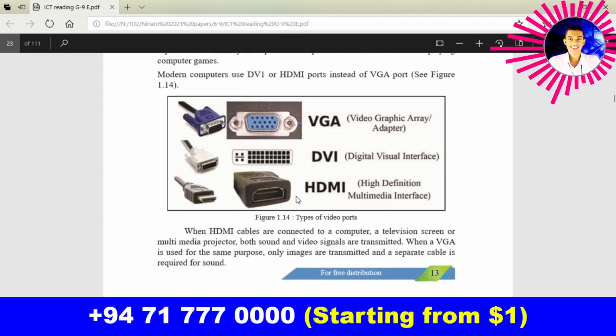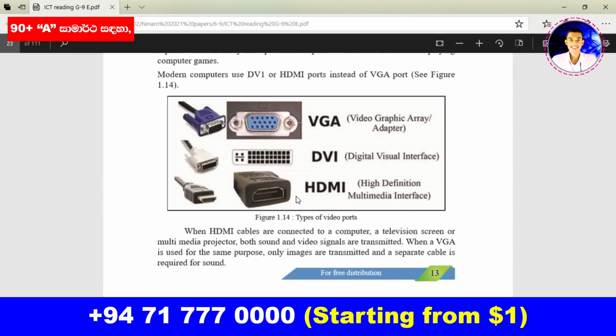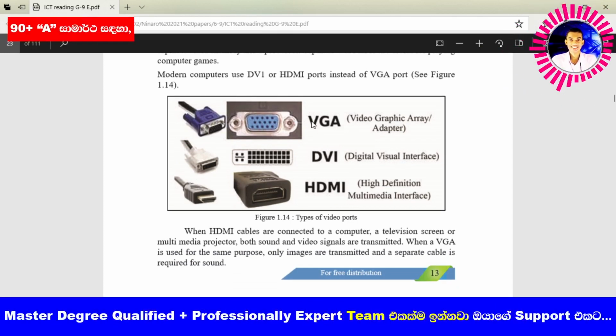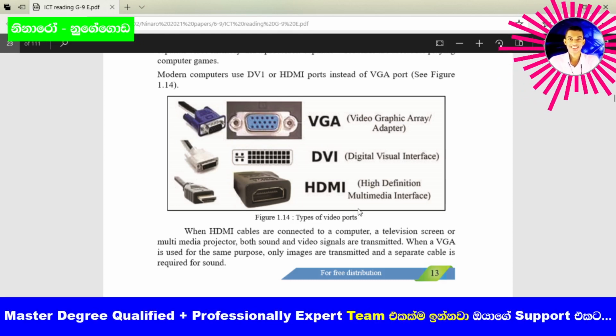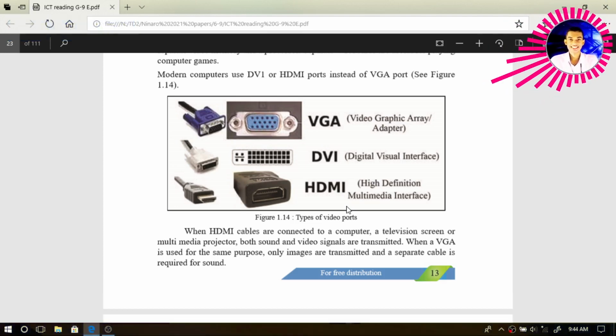In past days we used the VGA card, but nowadays we are using the term graphic cards. Currently we can see graphic cards with memory from 2 GB up to 24 GB or 32 GB according to the requirements.